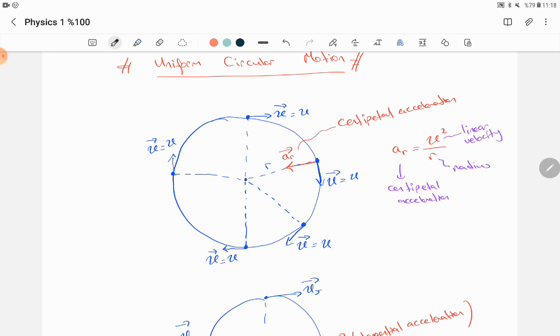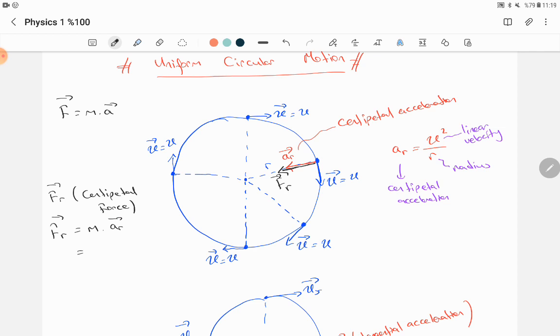The centripetal force direction is also toward the center of the circle, and it is shown as FR. All forces equal m multiplied by acceleration, so the centripetal force equals m, our object's mass, multiplied by the centripetal acceleration.